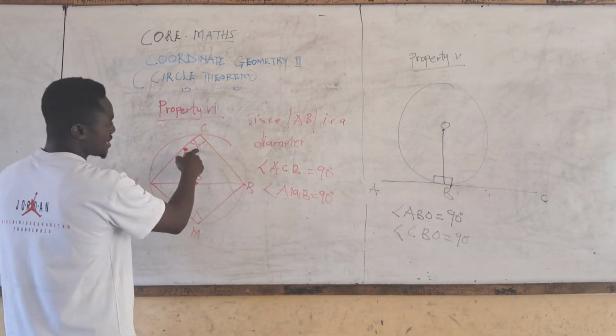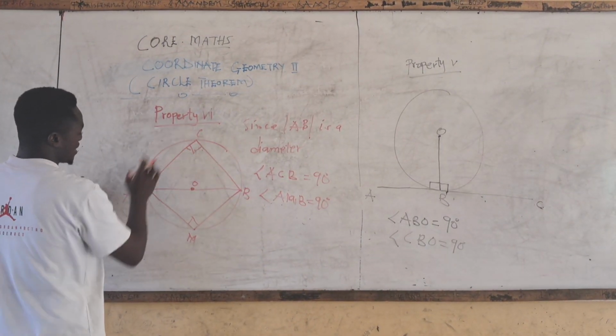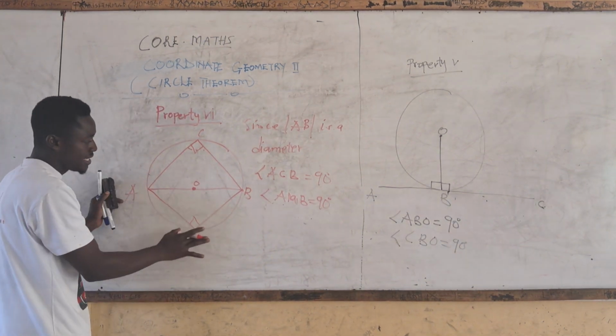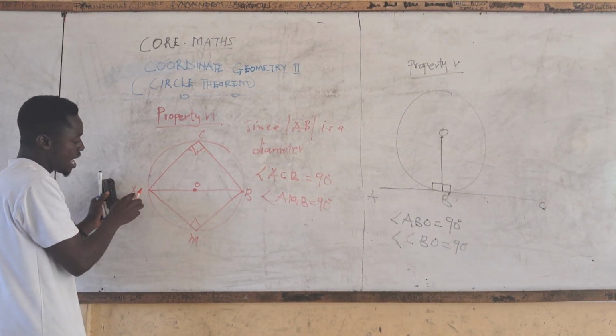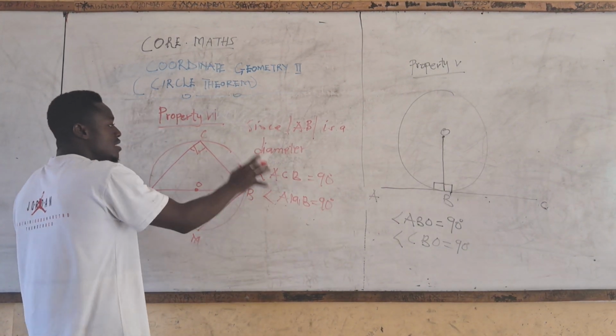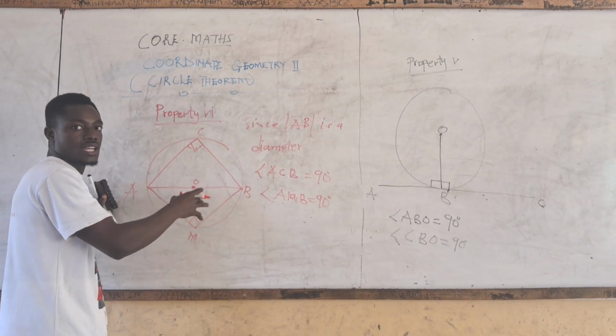So as you can see, the angles sustained by the same chord at opposite segments add up to 180. The angle here is ACB, and at the different segment we have angle AMB. The sum of these angles formed by the same chord adds up to 180.